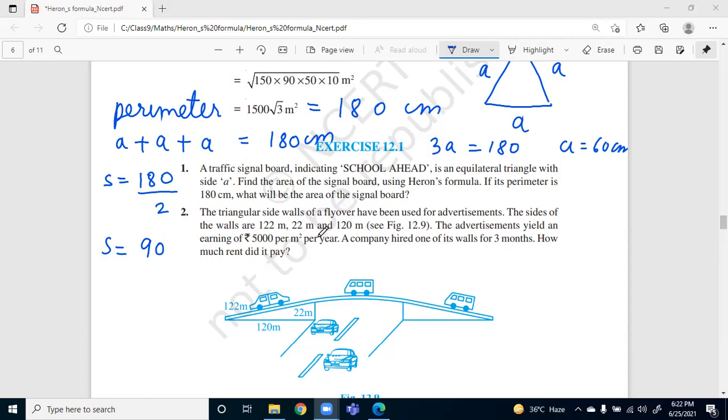Then write earning from 1 meter square for a year is 5,000 rupees. To calculate rent for 3 months.